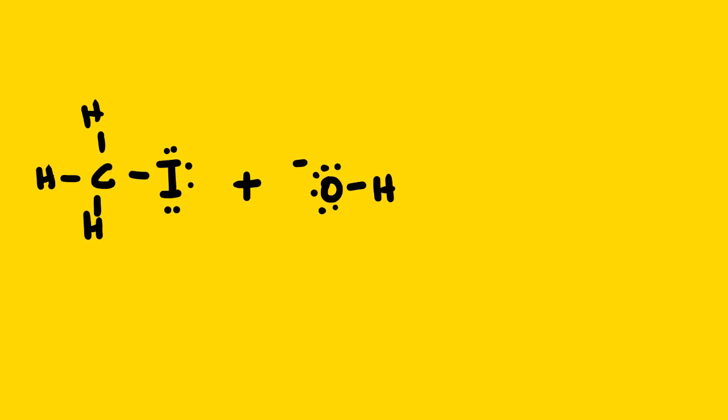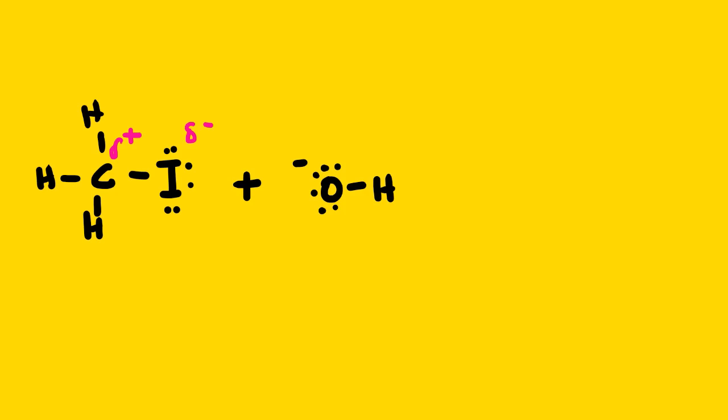If it leaves with this pair of electrons, it will become negatively charged, leaving carbon positively charged. Or we can say this is partially negative and this is partially positive. The concept of polarization was covered in many lesson videos, so I believe you understand.